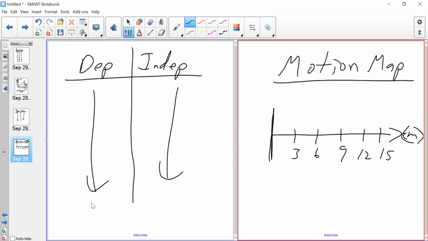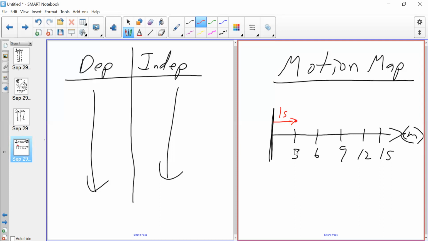So for the arrow, use a different color, I guess. The arrow will look like this. So if you want to say that this line here is 0, we can start from 0 and go to the 3 position, the 3 centimeter position. Draw the arrow at that point, put a dot if you wish, or just leave it as an arrow. We know that this represents 1 second.